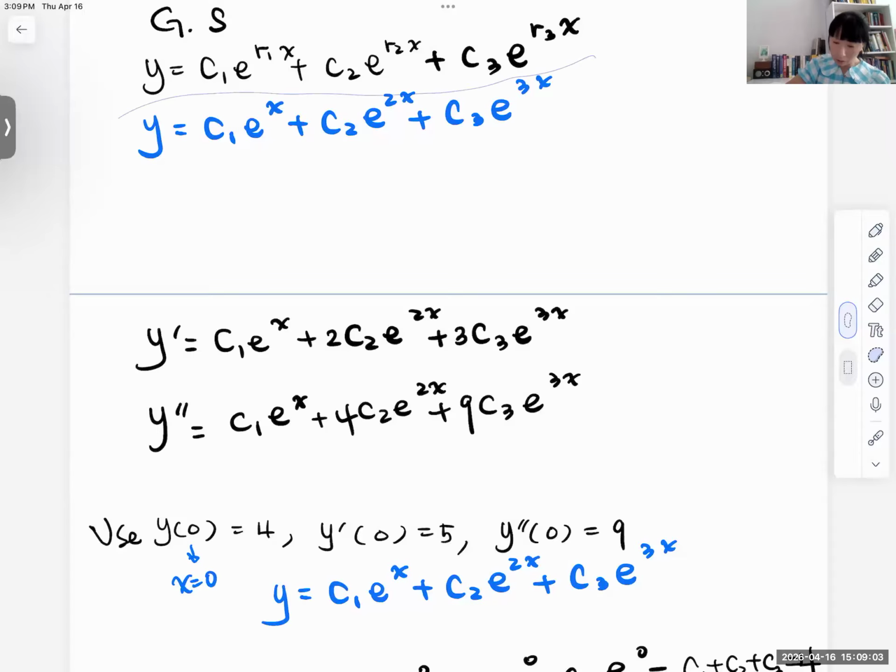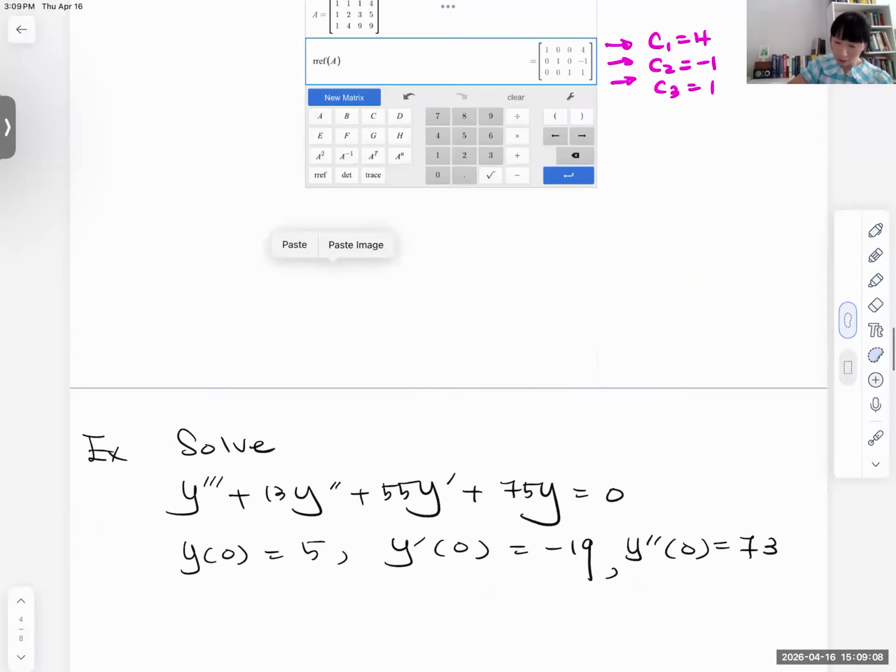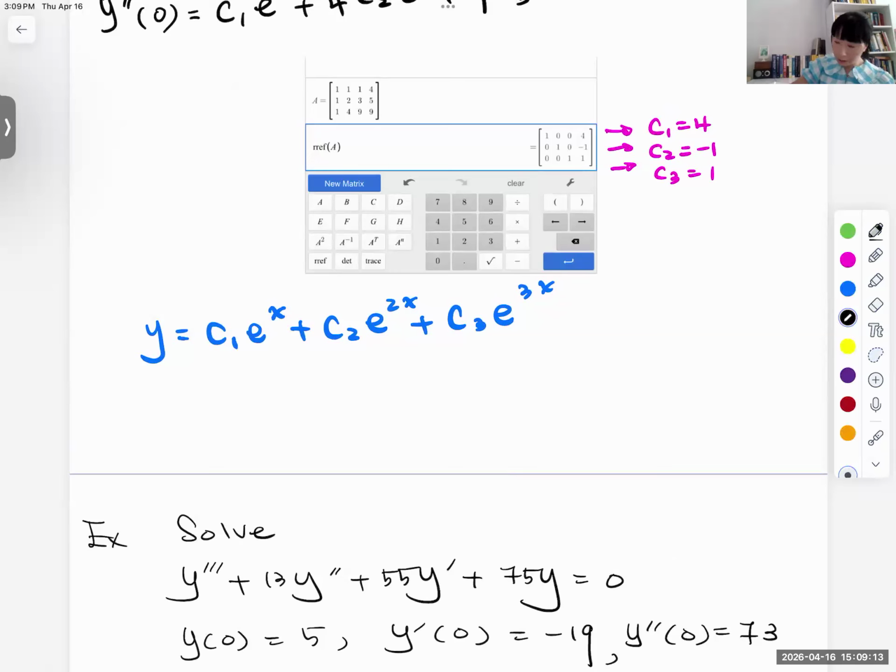So c sub 1, which is 4, c sub 2, -1, and c sub 3, it's 1. We don't have to write down 1. So, okay, so there will be e to the x minus e to the 2x plus e to the 3x.